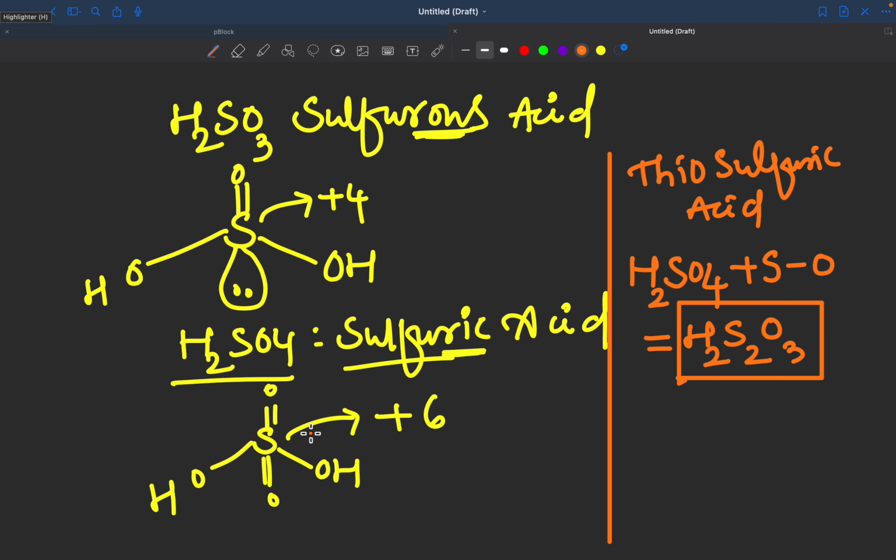The structure of this one resembles H2SO4. It looks the same, but the difference is that one of the oxygens is replaced by sulfur. So you have one sulfur, OH and OH, here is O, and this sulfur is present extra here.